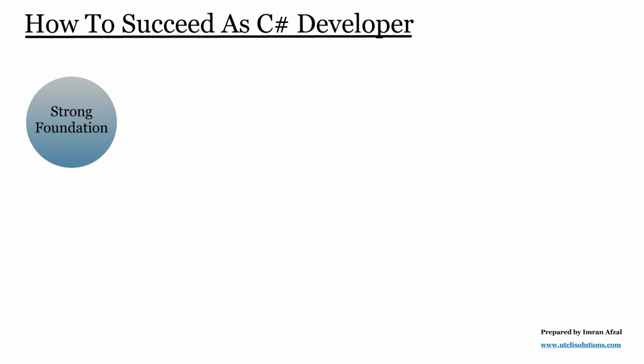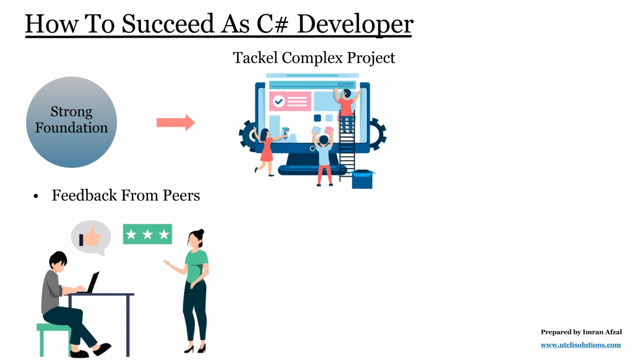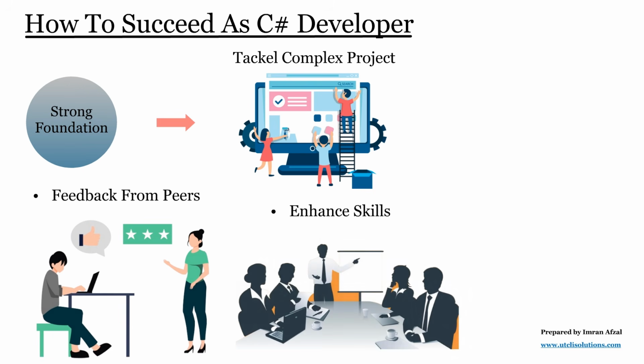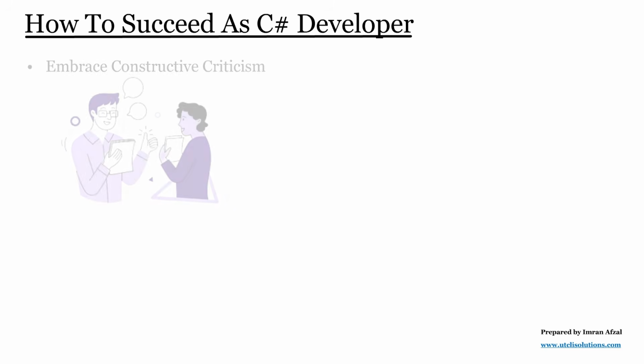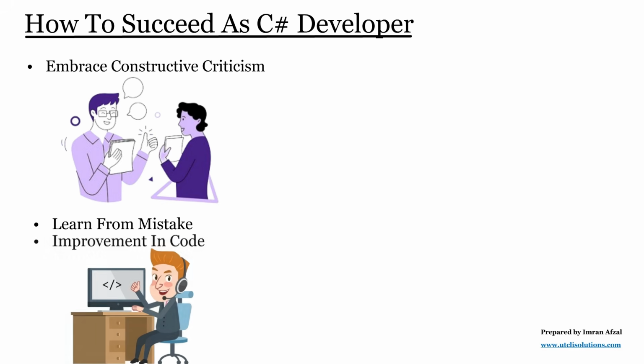A strong foundation will empower you to tackle complex projects with confidence. Then actively seek feedback from peers, mentors, and experienced developers to enhance your skills. Embrace constructive criticism, learn from your mistakes, and strive for continuous improvement in your coding practices.